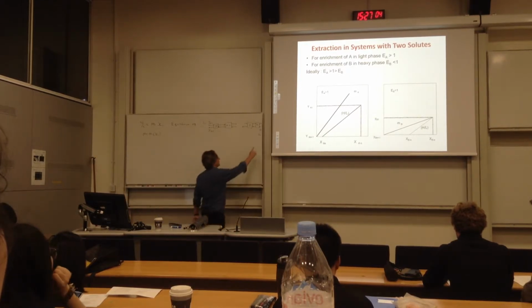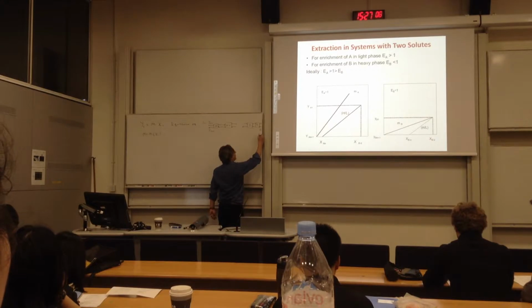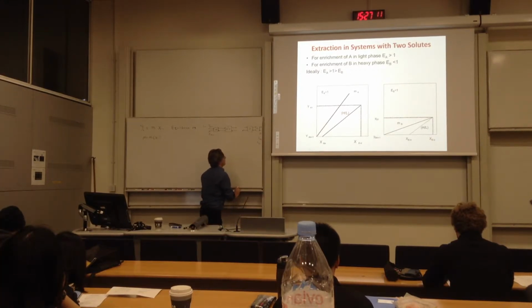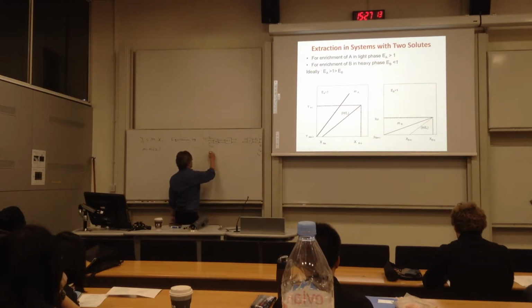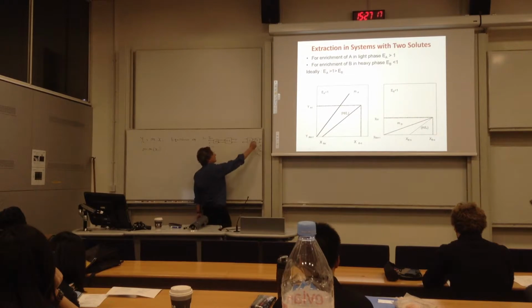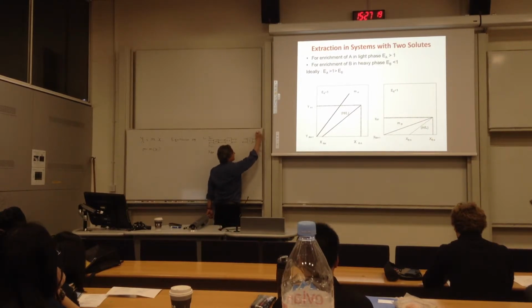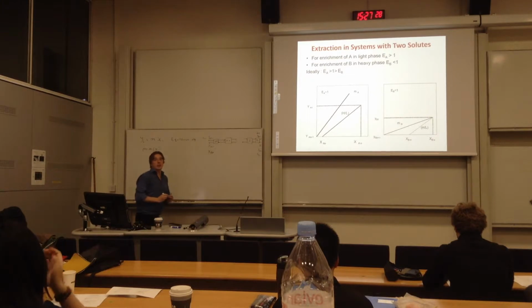Okay, so you have here XA0 and XB0, right? And you will have here XAN and XBN, and then here you will have at this point YA1 and YB1. So it's actually a good thing.